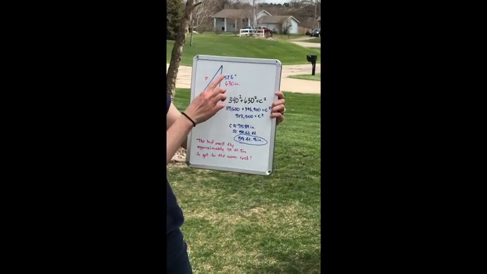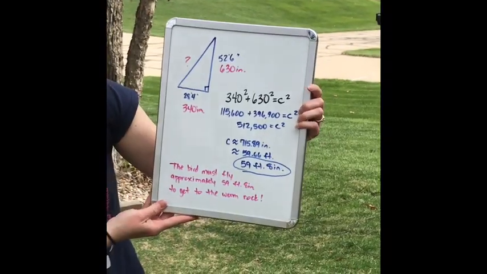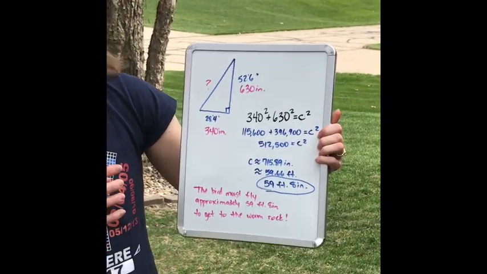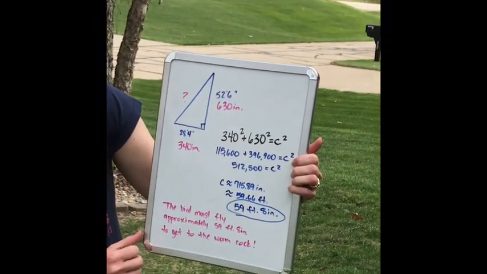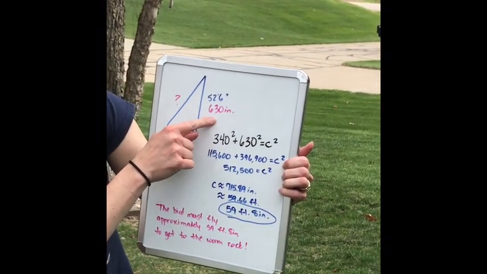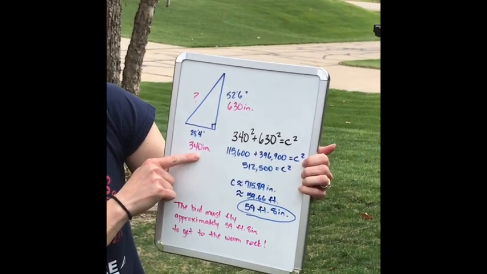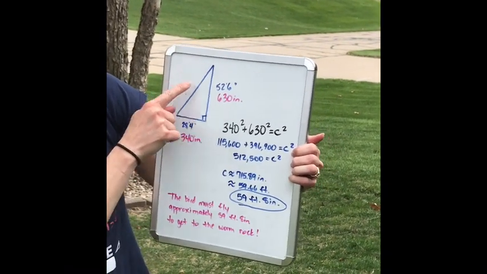What we need to do is put it into just inches. So we have 630 inches here and 340 inches here to find that distance.